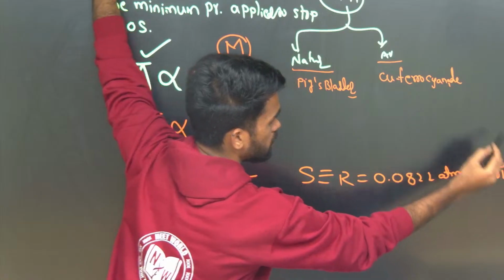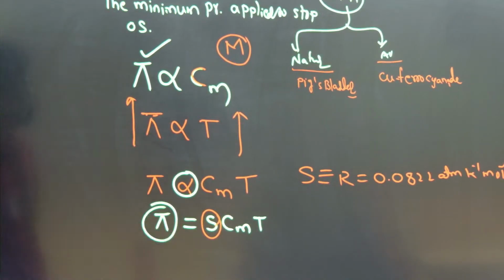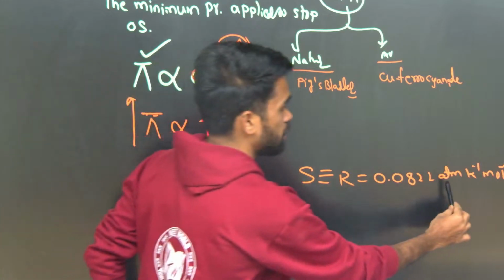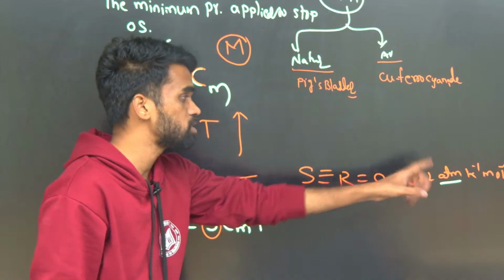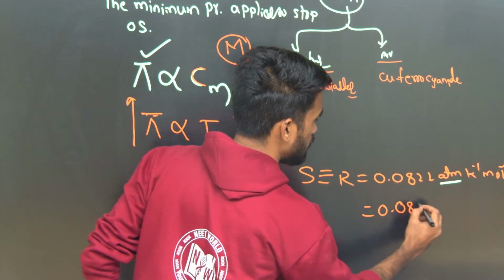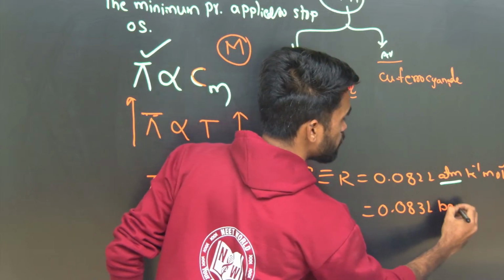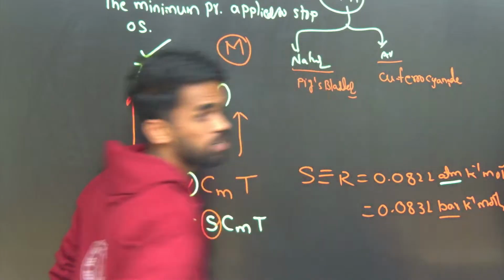You can use this constant while solving the question. Generally osmotic pressure we calculate either in atm, I mean atmospheric pressures, or in bars. So you can use this for atmospheric pressures, or 0.083 liter bar Kelvin inverse mole inverse if you want to calculate in terms of bars.